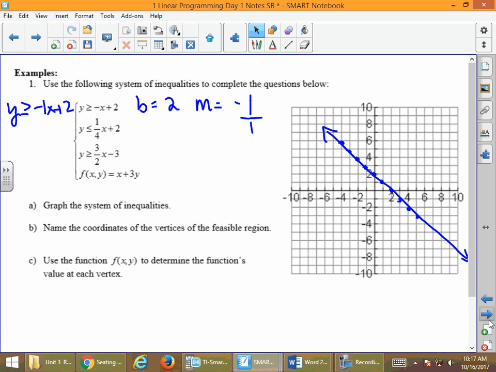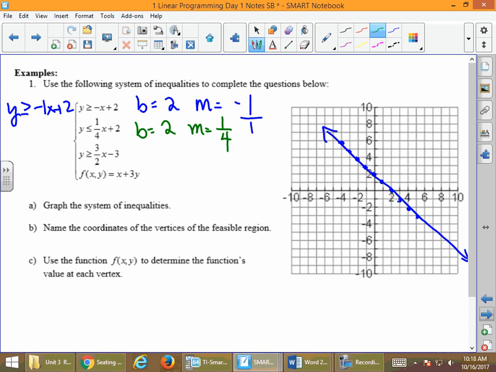We're going to be graphing 3 of them. The next one we're graphing is y is less than or equal to 1/4 x plus 2. And you may be ahead of me, but we need to identify what's the y-intercept. Well, it's 2 again. And our slope this time is 1/4.